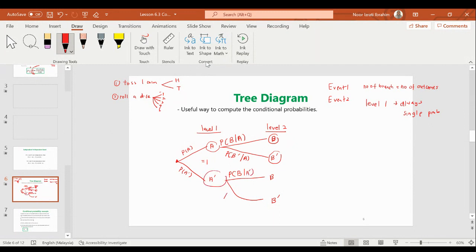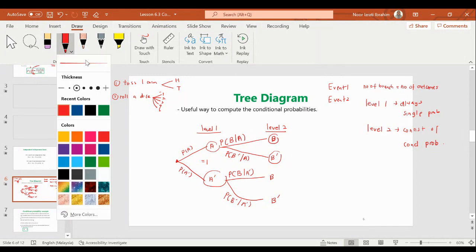And the last branch represents the probability of B prime given that A prime must happen first. You must know that level 2 always consists of conditional probability. So we have level 1, single probability, and level 2, conditional probability.